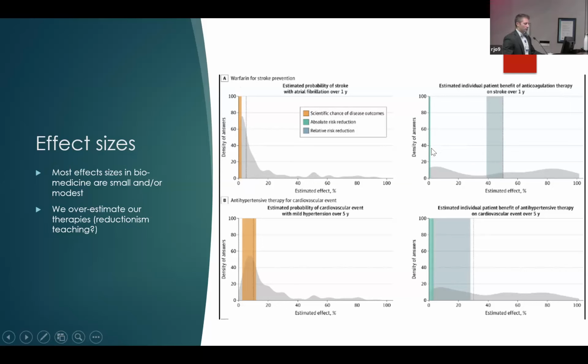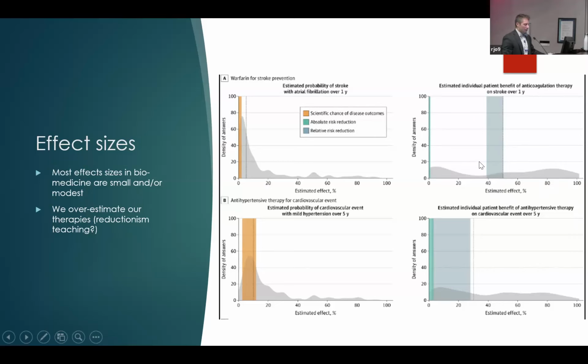And this is the one that's more interesting, I think. They then asked those same people, how likely is the therapy that you have for this patient to provide a benefit for them? Again, the gray is the range of responses, and the blue shaded area is the average of those responses. Most people said about 40 to 50%, at least on average.